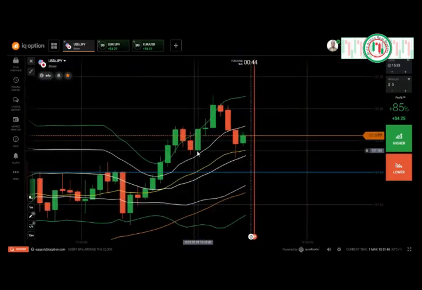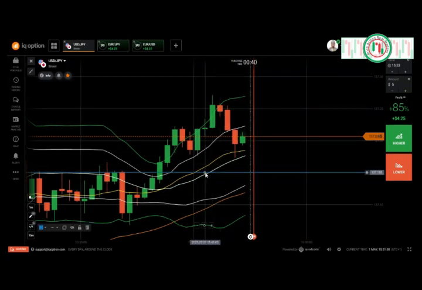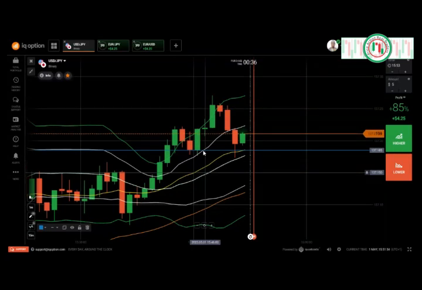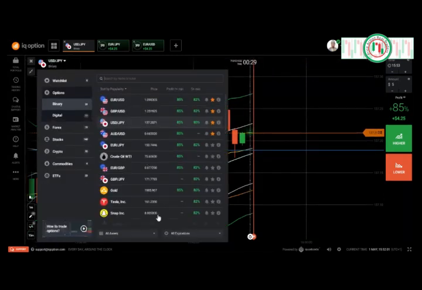You see another zone here. This is another zone, but I was not. This is another zone, but no problem. Let's change.